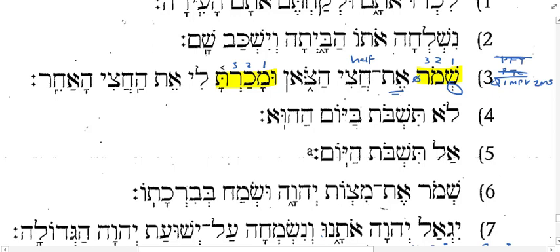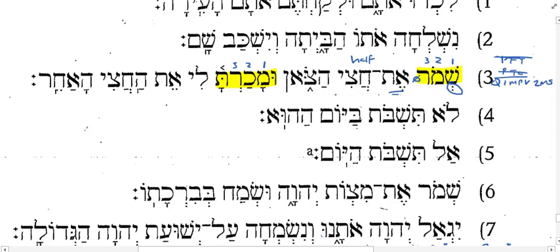But here's the question. If this is the direct object marker, it only is used if the direct object is what? Definite. Chatzi does not have the article. So is it definite anyway?